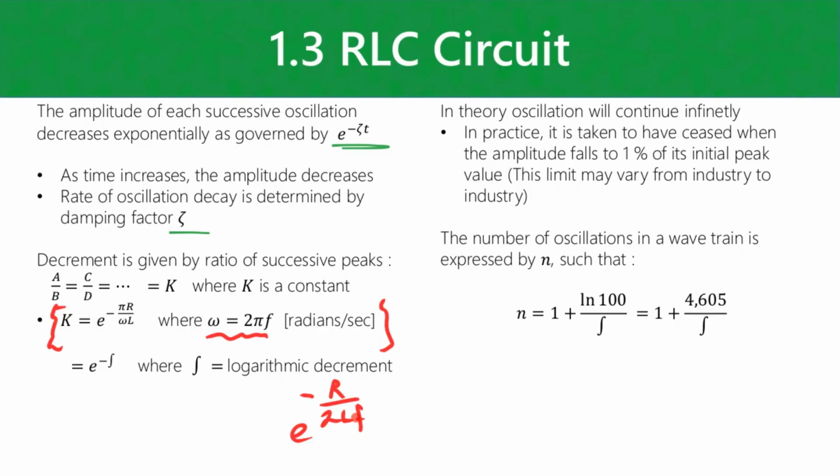Yeah, almost forgot about the frequency there. So that then gives you the logarithmic decrement. The logarithmic decrement is equal to R over 2LF, or pi times R over omega L, where omega L is 2 pi times the frequency. So that's your logarithmic decrement.